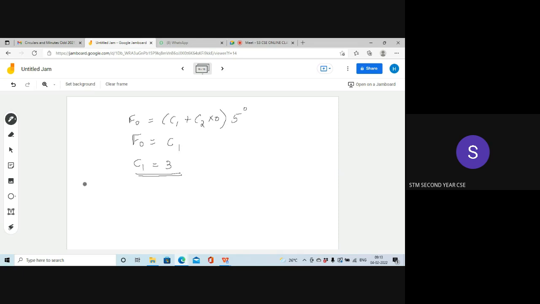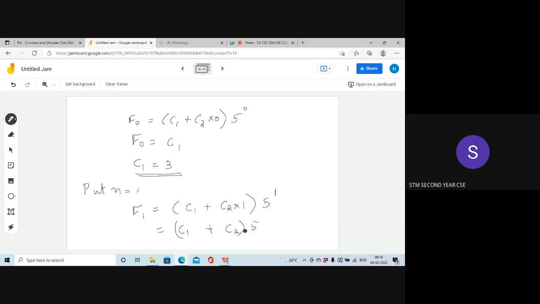So next put n is equal to 1 in the general solution. You get F1 is equal to C1 plus C2 into 1 into R raised to 1. This becomes C1 plus C2, the whole into 5.